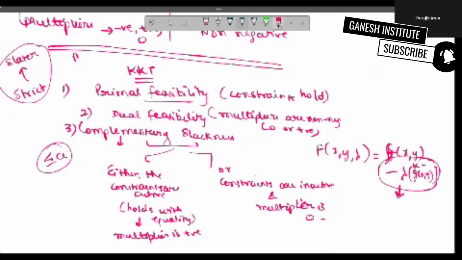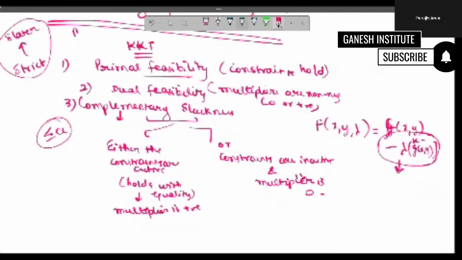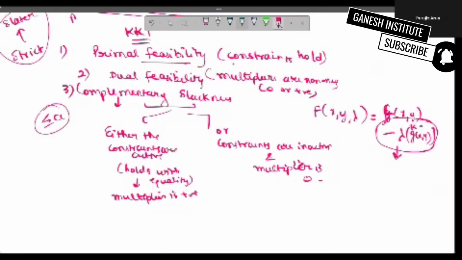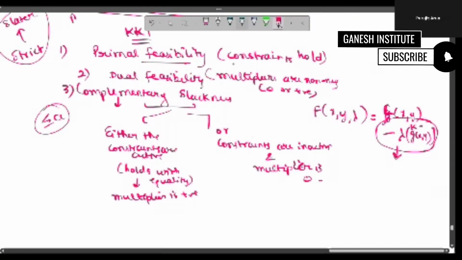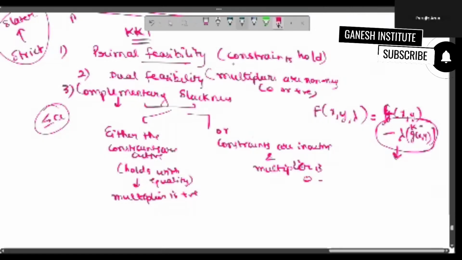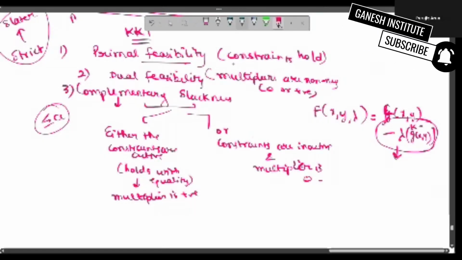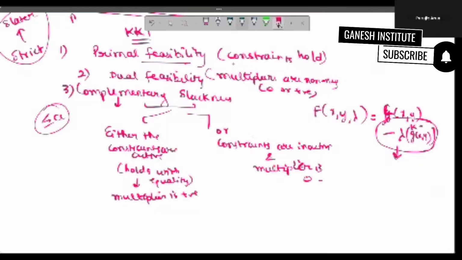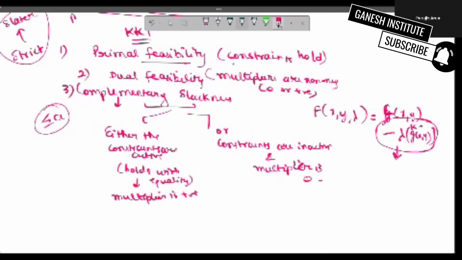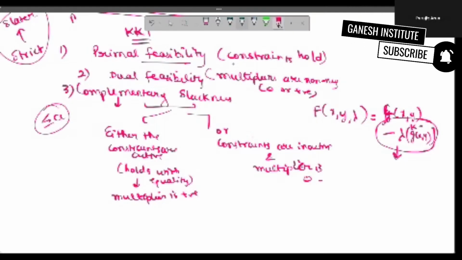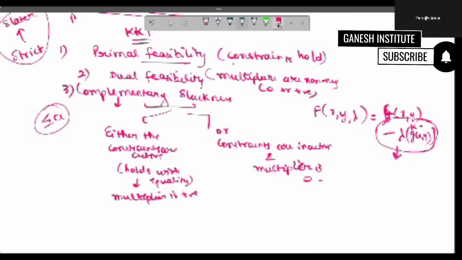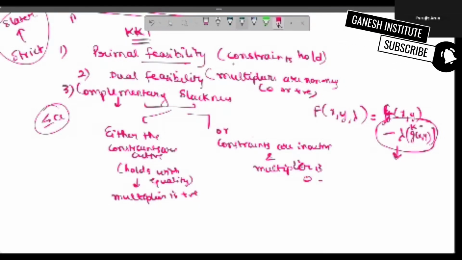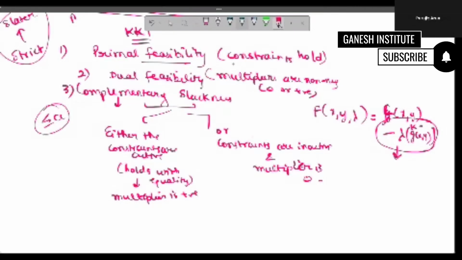1 second, ma'am, I'll note this down. Two things. One, constraints are active and multipliers are positive.